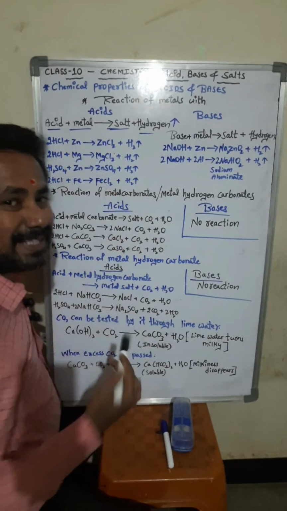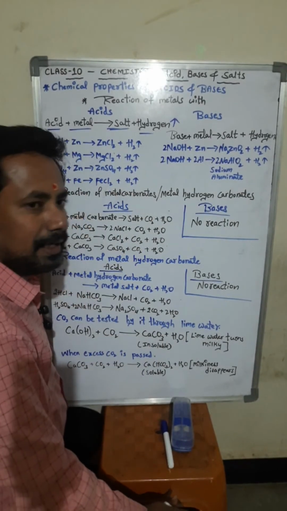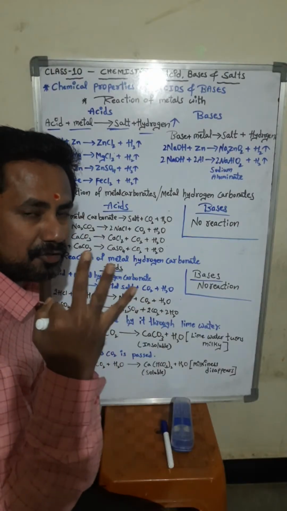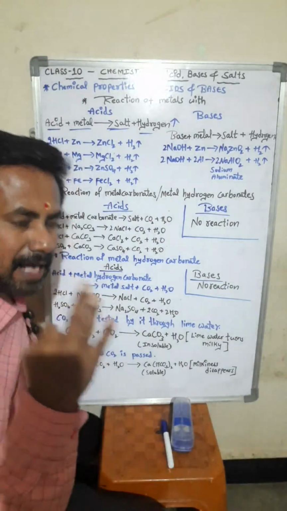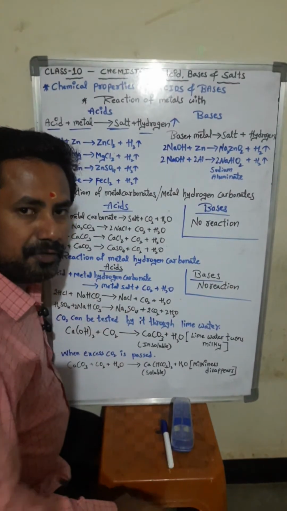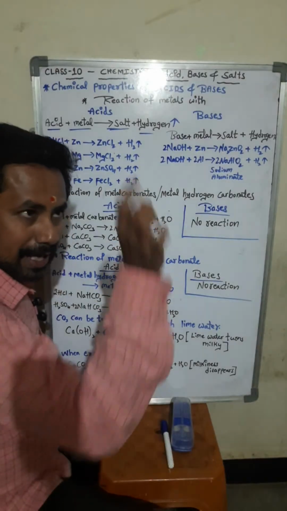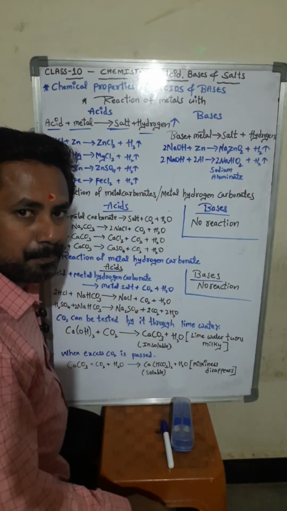Acid reacting with metal, zinc. Zinc is a metal, the 30th element of the periodic table. At least 30 elements you have to know, and without seeing, you can tell the elements and the symbols.